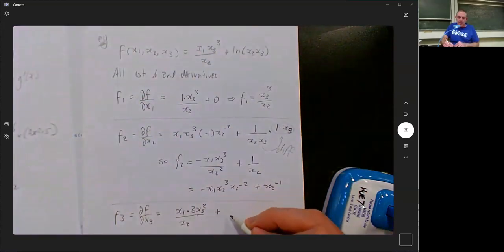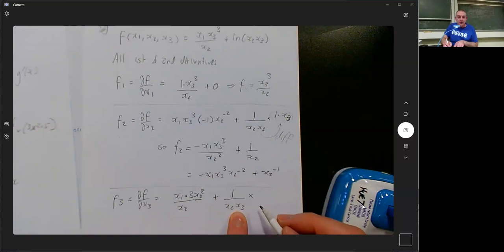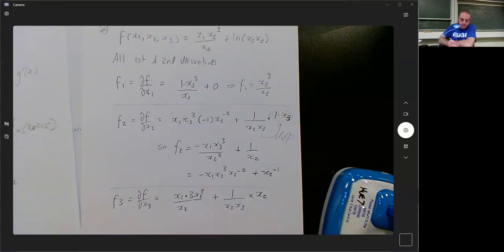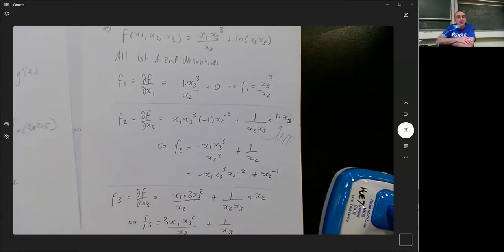And then my ln will become 1 over whatever's inside the ln, but this time I'm doing the derivative with respect to x3, and so the answer is x2. Like that.